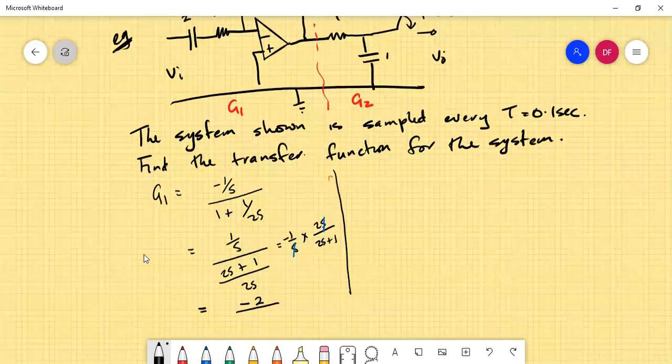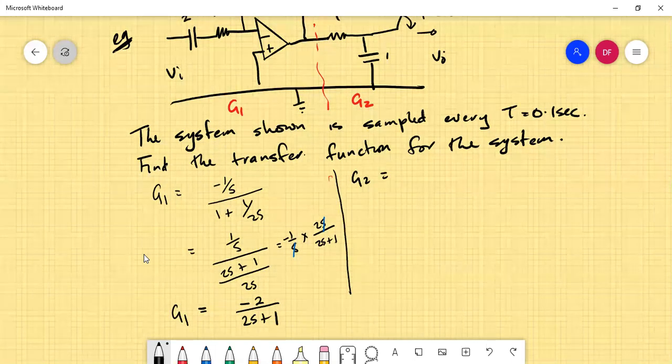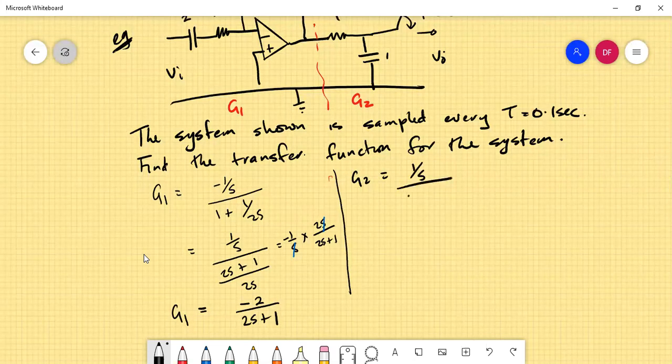Which plus one, sir? You get for G2 now. Sir, I got 1 over s plus 1. Alright.